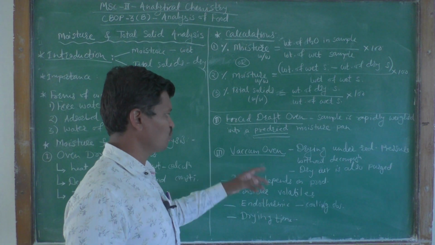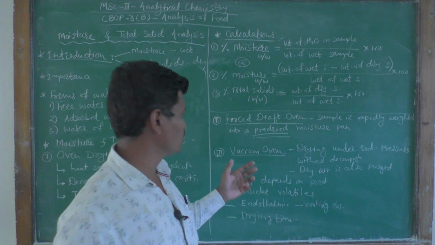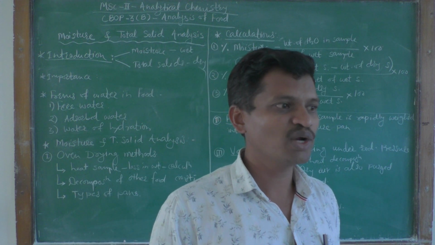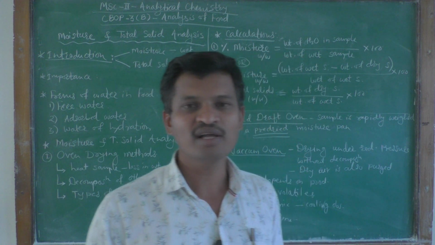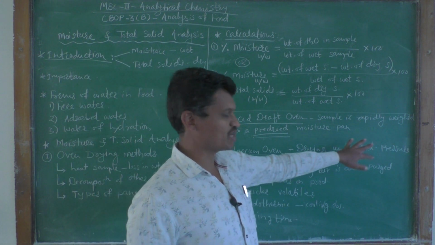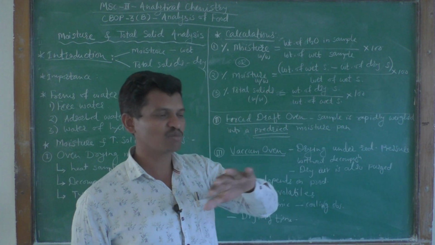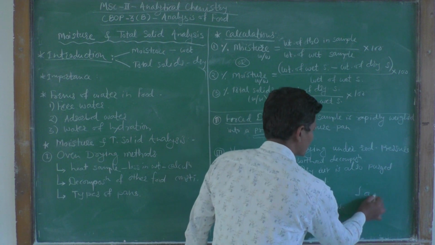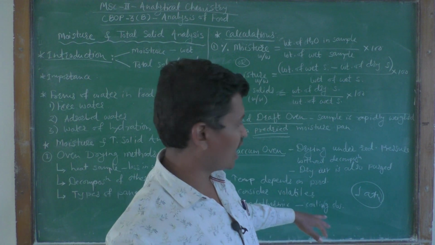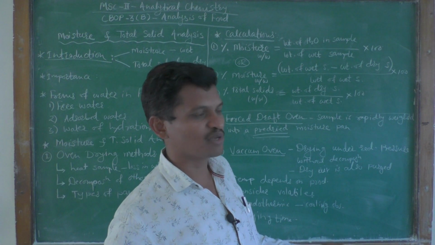Then the third one is vacuum oven drying. It is well known to us what vacuum is: the process carried out at a reduced pressure. So drying under reduced pressure. The pressure is reduced compared to atmospheric pressure, which is 1 atmosphere, so the pressure is below atmospheric pressure, and the drying is achieved.